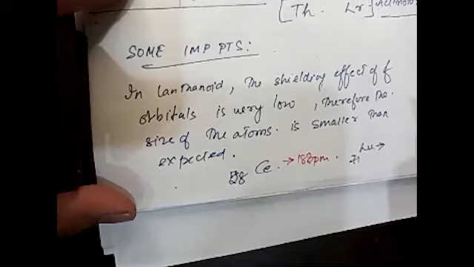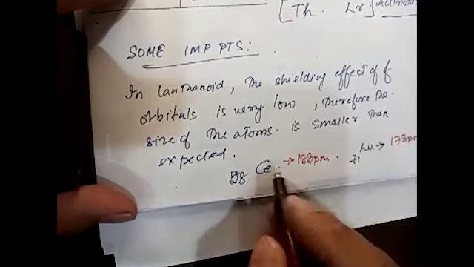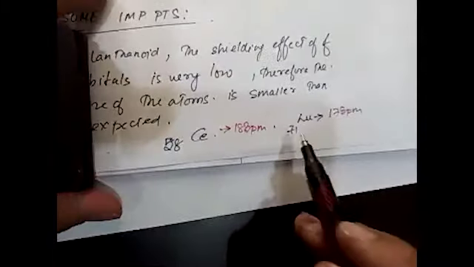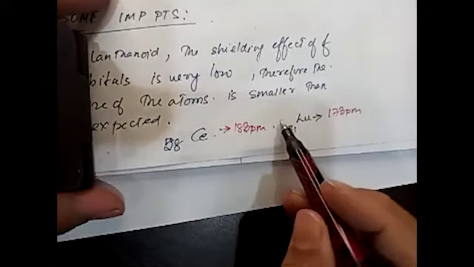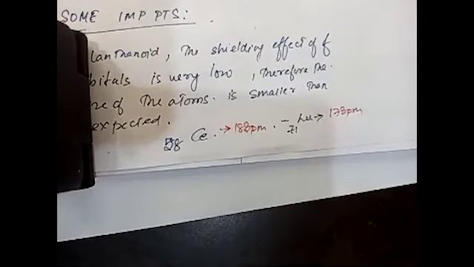Its size is 173 picometer. So for 14 elements, the size does not even differ by 14 units. The size only differs by 10 units.